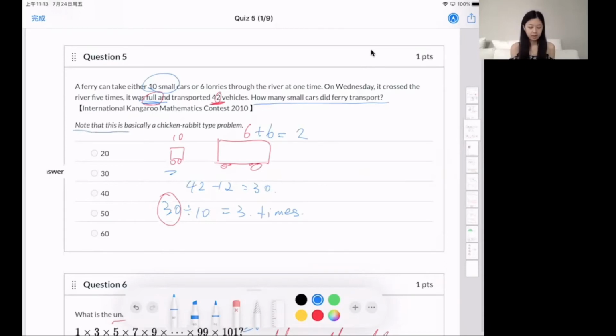There is another way you can think of this question, because the note already tells us it's a chicken and rabbit type problem. So you can see it's like this, okay? There are 10 small cars, which is one animal who has 10 feet, and then 6 lorries is another animal who has 6 feet.